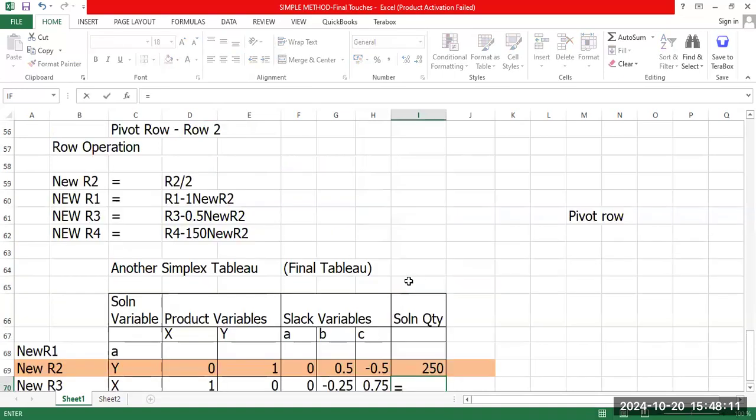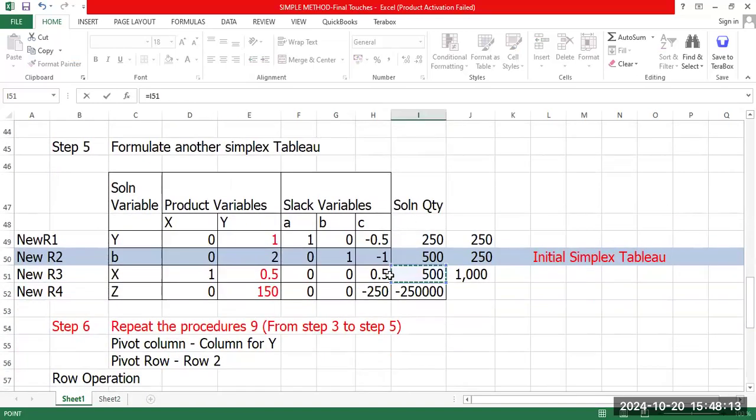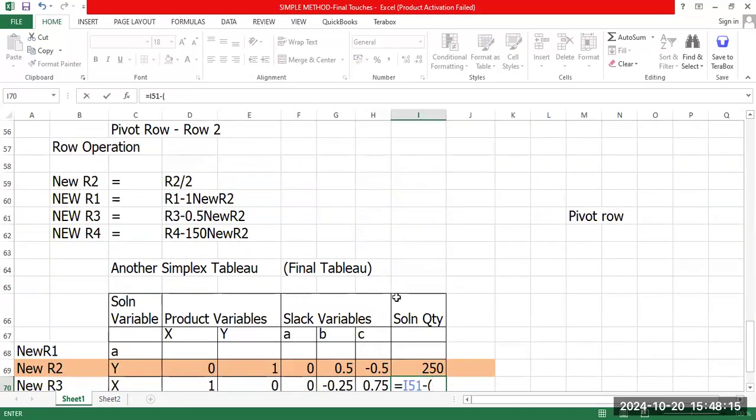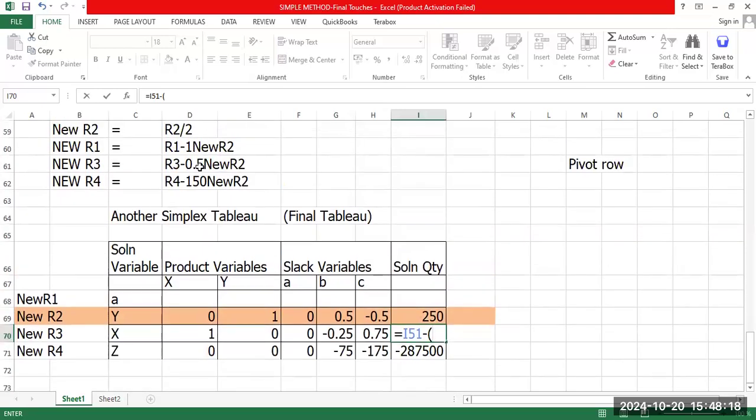Let's repeat. Equal sign, open bracket. The formula is saying you get 0.5 times new row 2. What is new row 2? This is what I have.